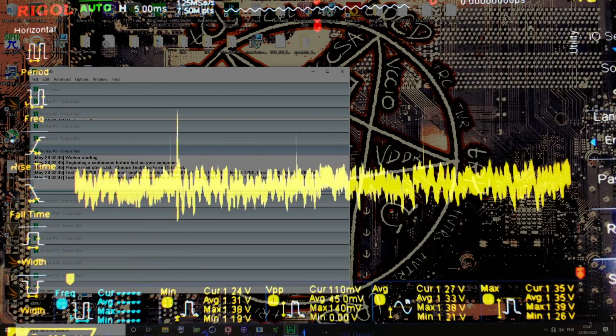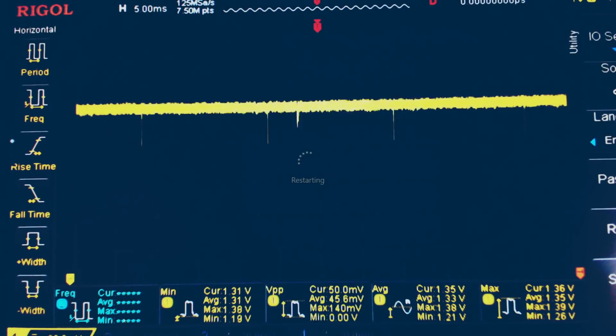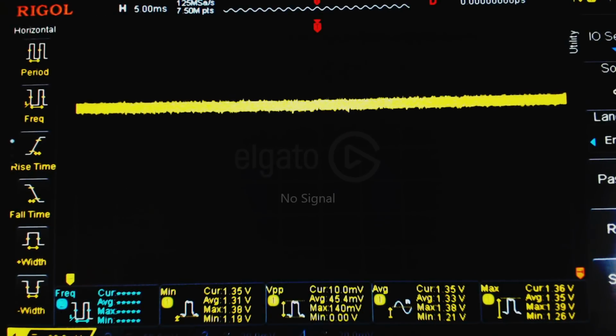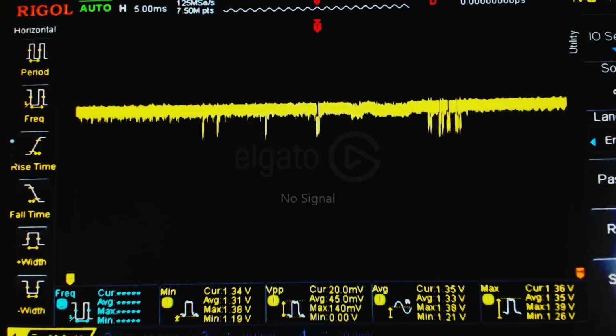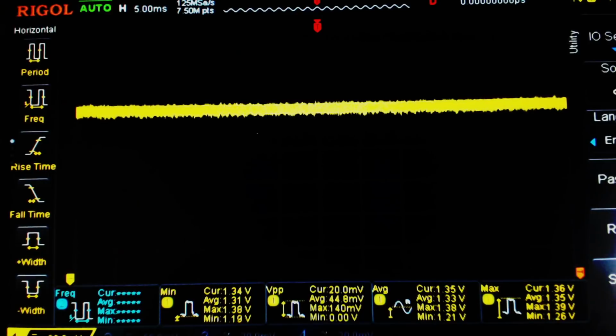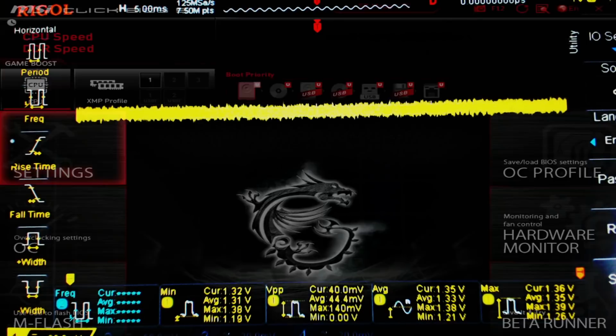Okay, so yeah, that's not great. Now we're going to try socket sense versus VCC sense. We're going to go back to 500 kilohertz because I think it's pretty clear at this point that 1000 kilohertz on this board, I don't even know why it's in the BIOS.